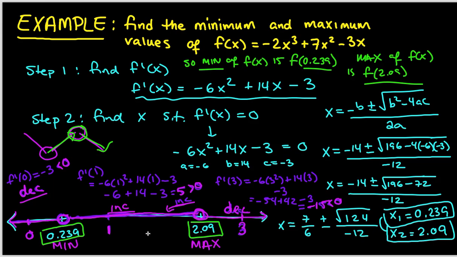And remember, just to tell you again, I found these critical points with a calculator because this is way too hard to find without a calculator. All you can do is approximate it, and you approximate it to this, and 124 is not a perfect square, therefore that's why I did a decimal approximation there.